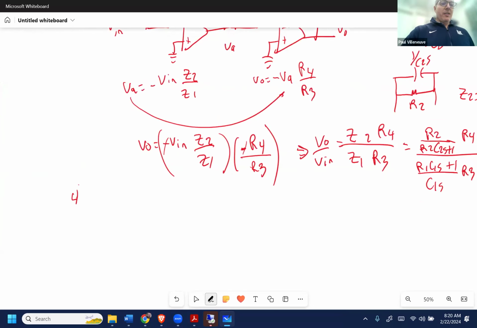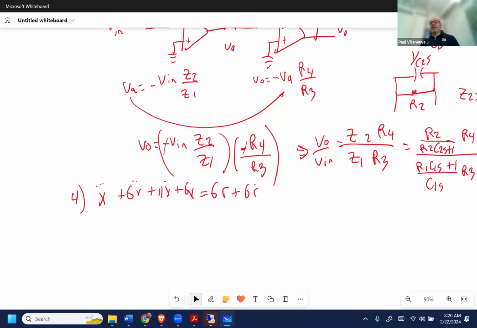Number 4. So number 4, you were given a differential equation. X triple dot plus 6x double dot plus 11x dot plus 6x equals 6 times my input. Find the transfer function, which is the output over the input, where R was the input. So the first thing I do whenever I ask for transfer function is I go to the Laplace domain.